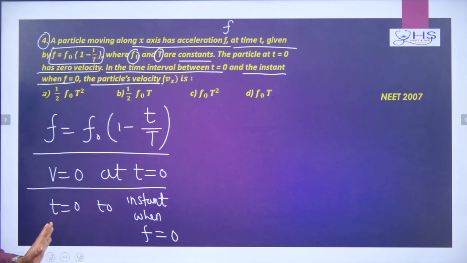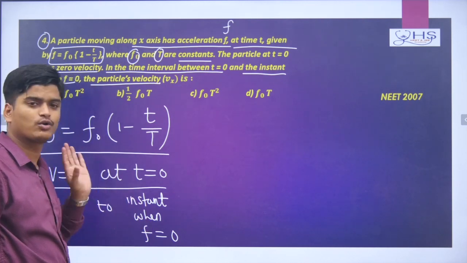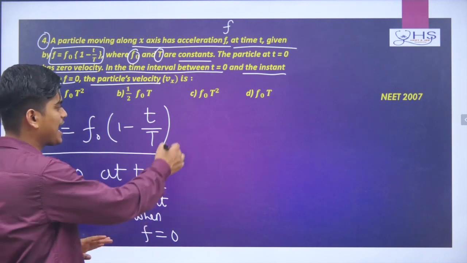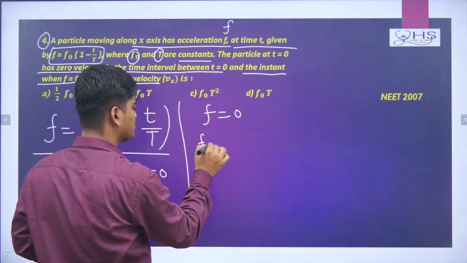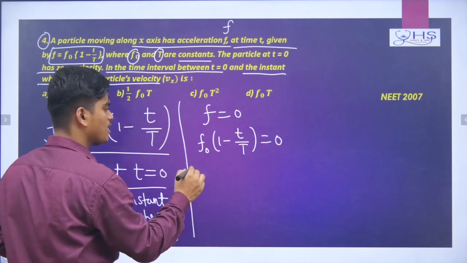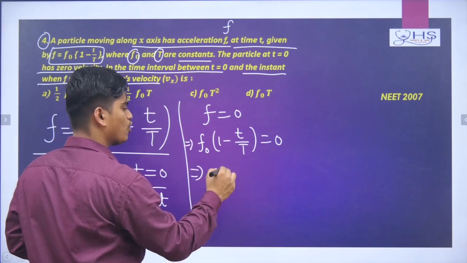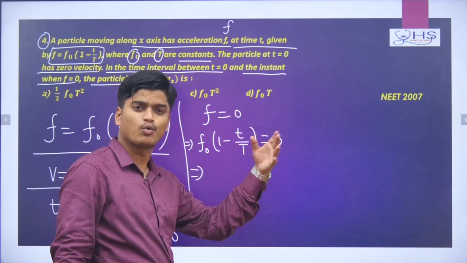So some time interval is given. They are not telling the time directly, they are telling that acceleration is 0 at some particular time. So first find this time. When acceleration becomes 0, first check. Here f is nothing but f naught times 1 minus t by capital T, as given in the question. If you set this to 0, definitely f naught goes, so 1 minus t by T equals 0.